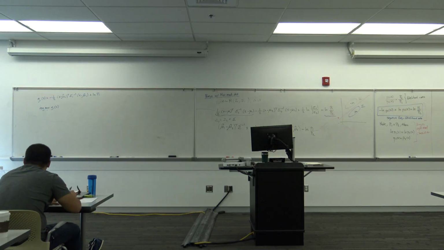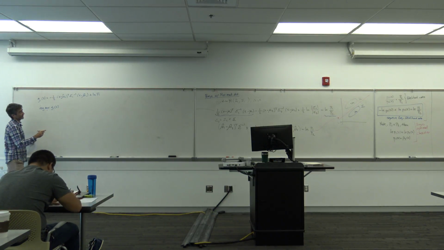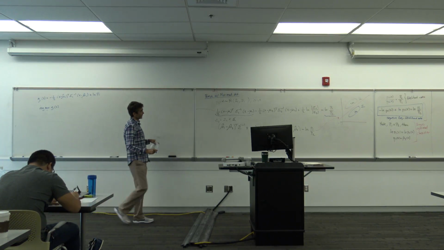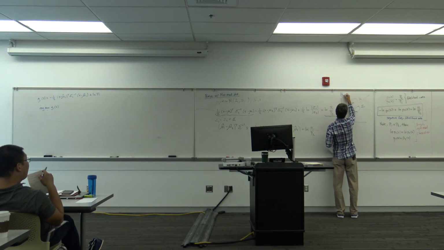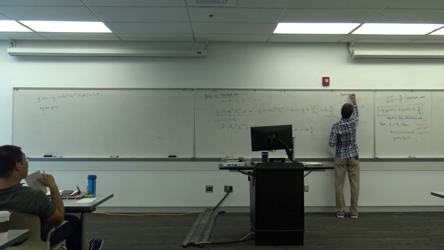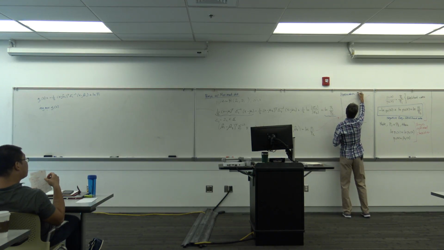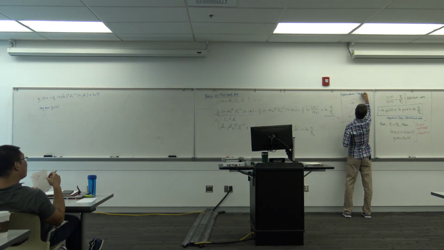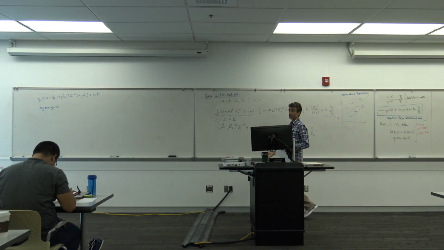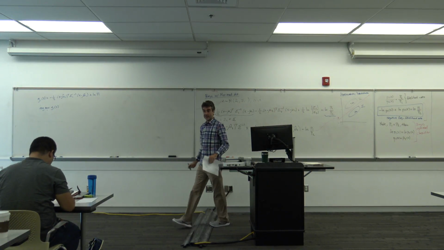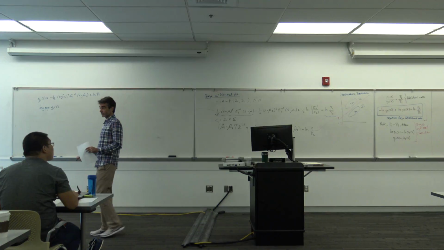Now, the case in which the covariance matrices are the same is called homoscedastic, meaning homo, unique or one, and scedastic meaning variance, so of the same variance.